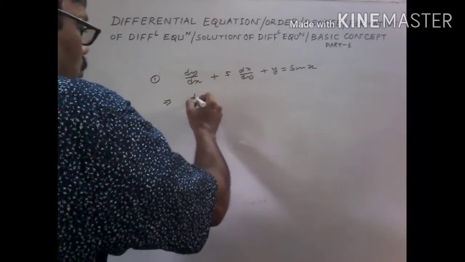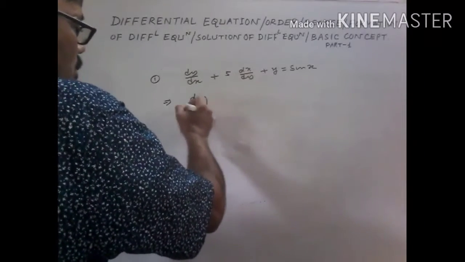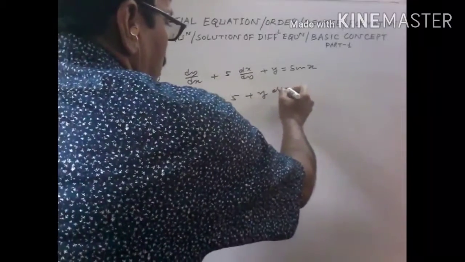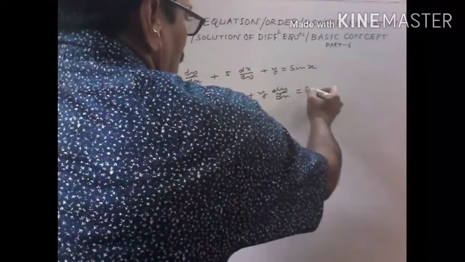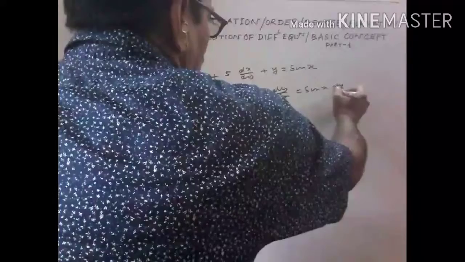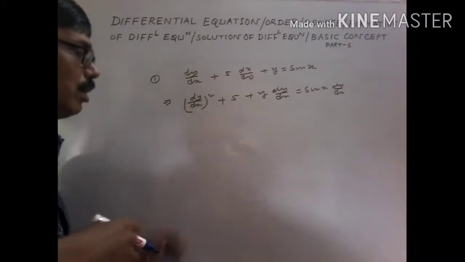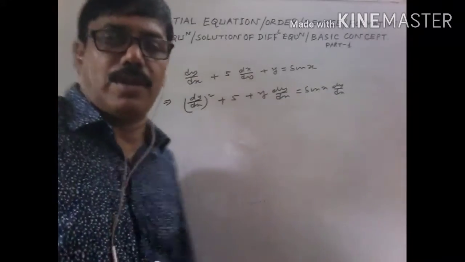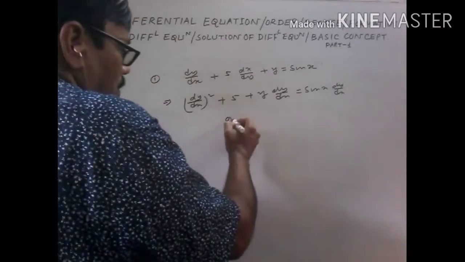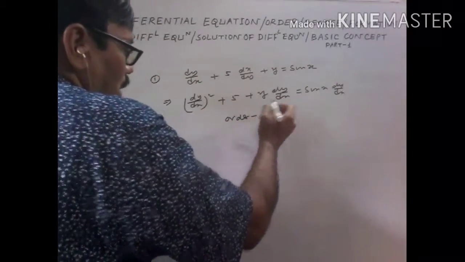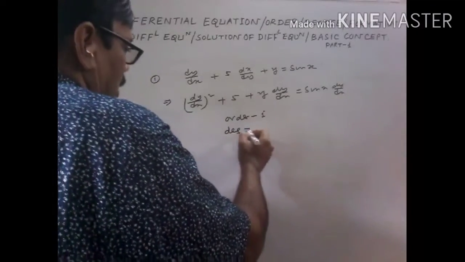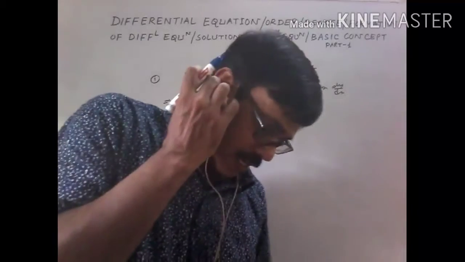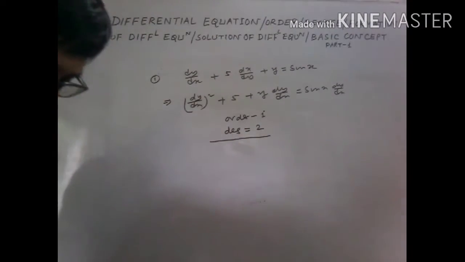So we multiply by dy dx: dy dx whole square plus 5 plus y dy dx equals sin x dy dx. Now the derivative is expressible in terms of the dependent variable. The maximum number of derivative is 1, so order is 1. And the degree is 2.